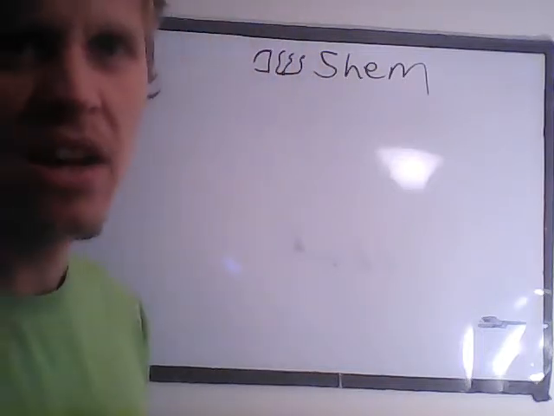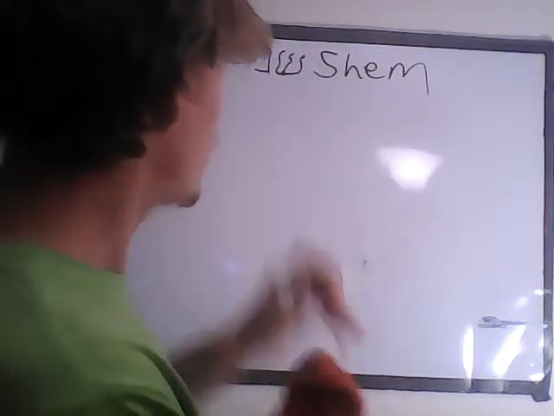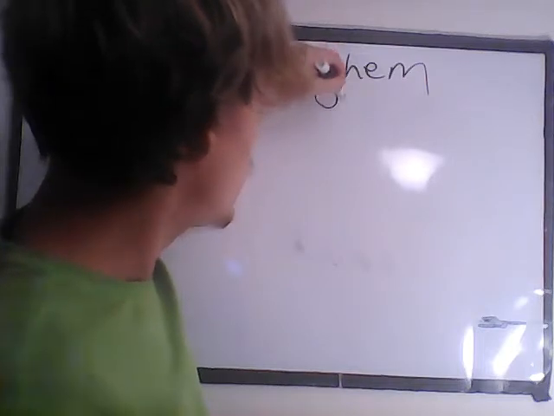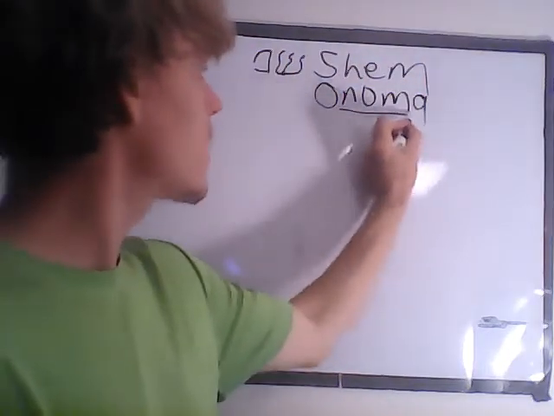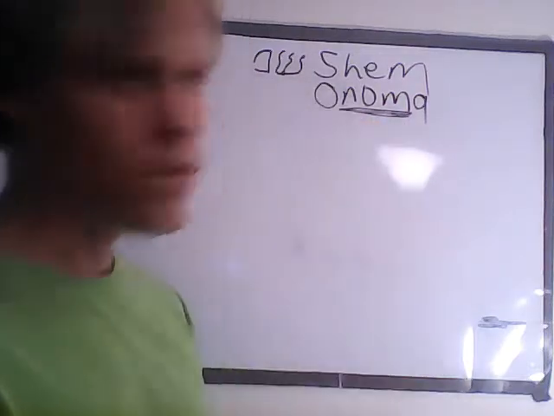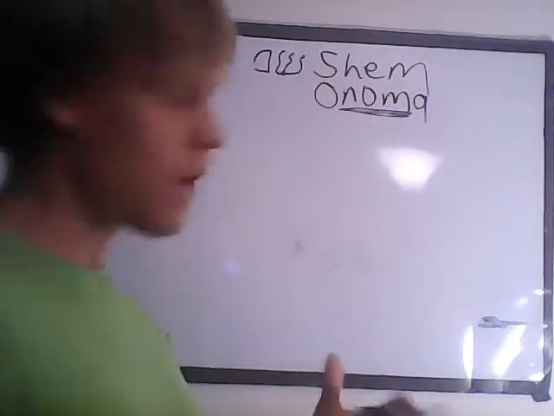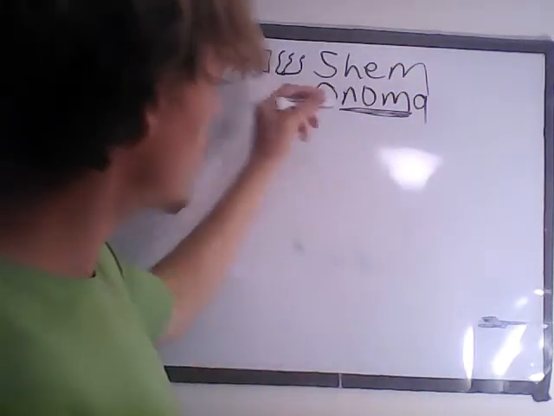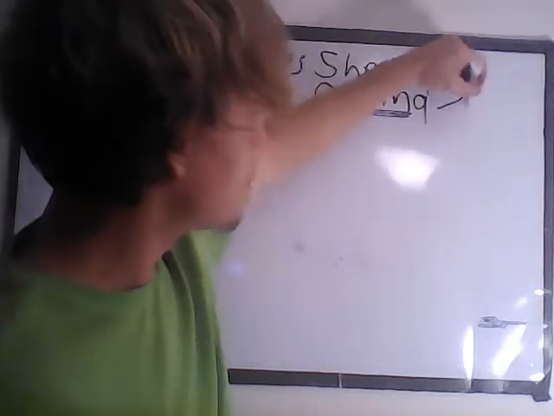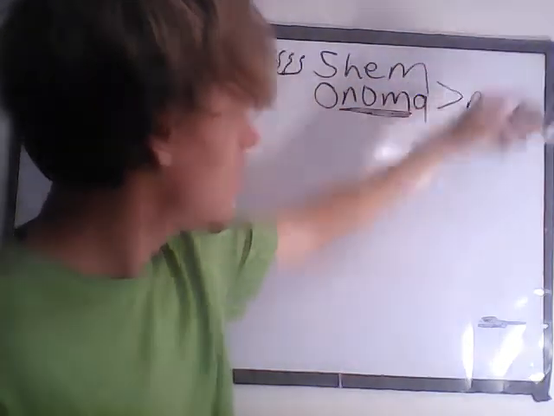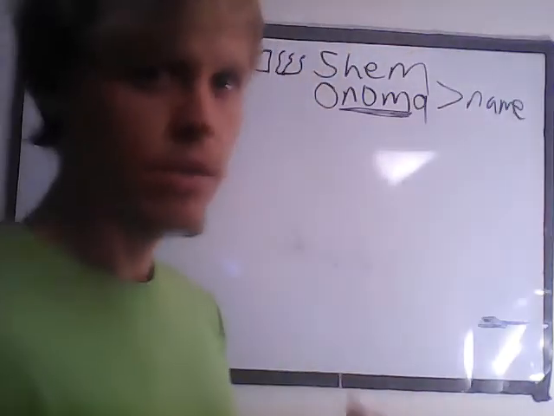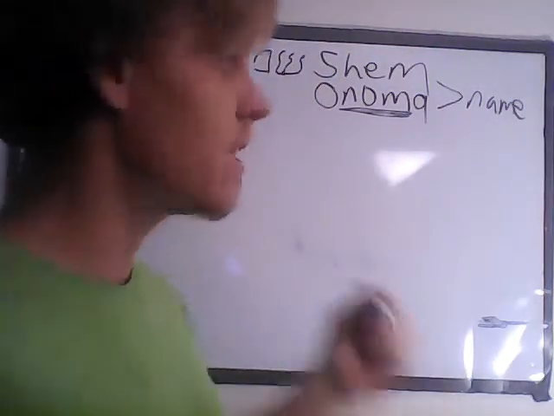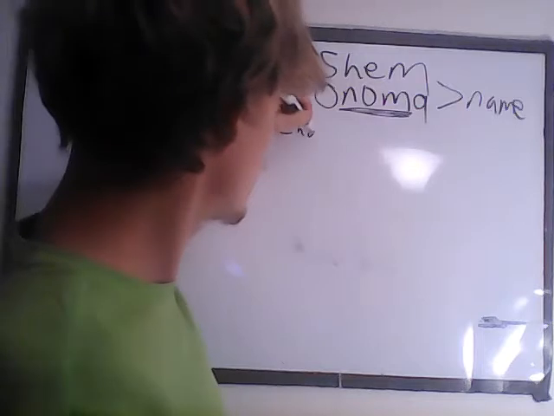I can't remember exactly how to draw it, but so shem, or onoma in the Greek. Onoma, you see that? That's where we get the name. Onoma, nomenclature, denomination. These are both the word name. So we have that word name, and when you name something, you give it its character.